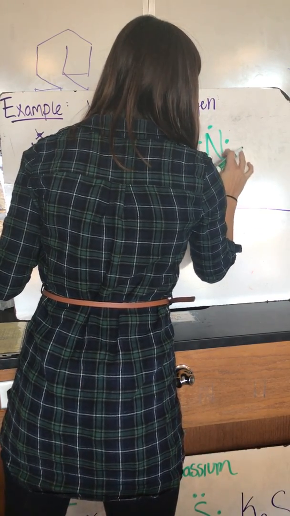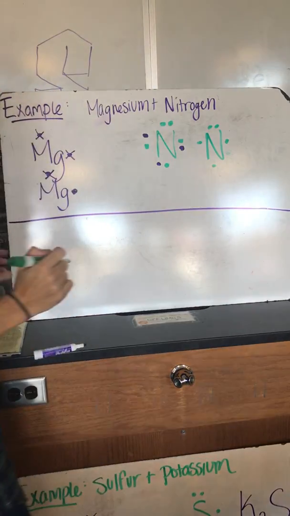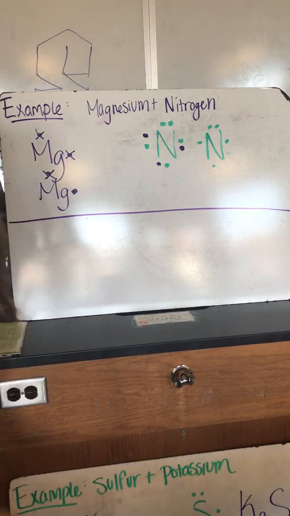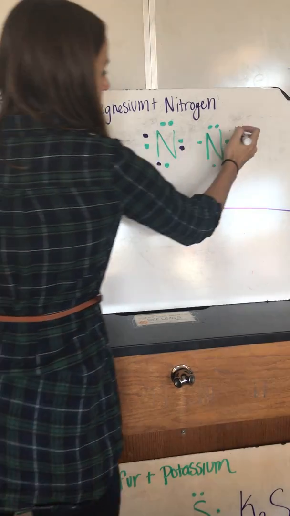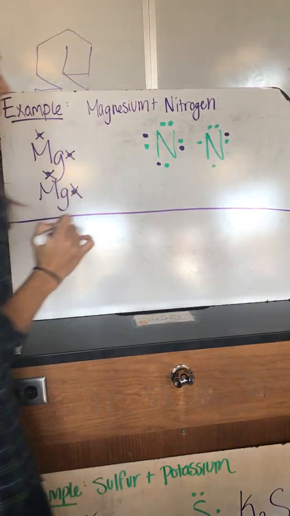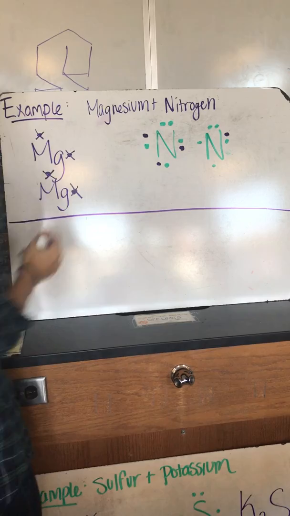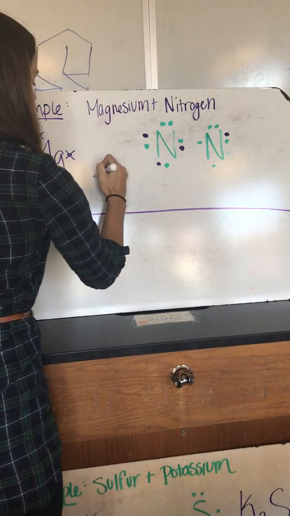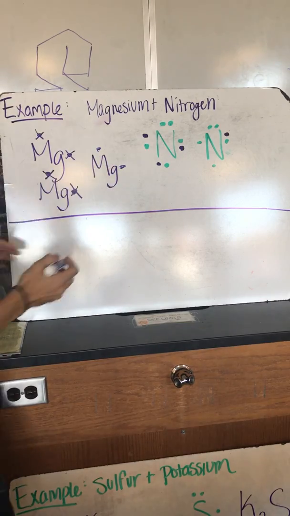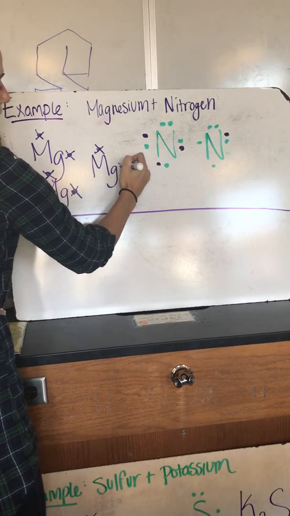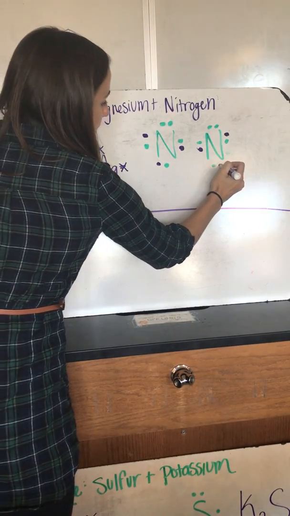Oops, I did that wrong. Okay, so when I add another nitrogen, I can put that electron that was over here, here. But now I need 2 more electrons. Well, the next thing that I would do is just add 1 more magnesium, which has 2 more electrons. I then can get rid of those 2 and bring them over here.